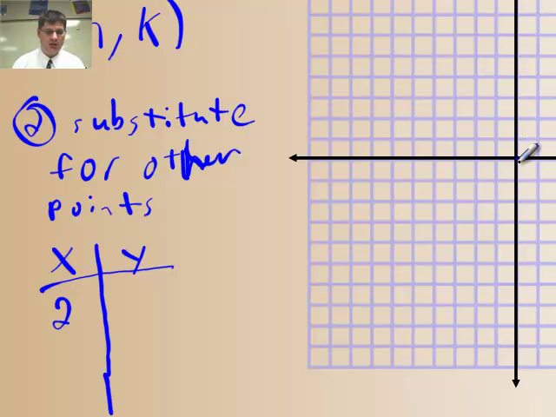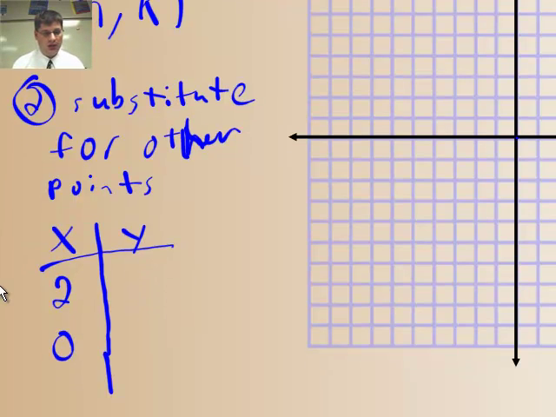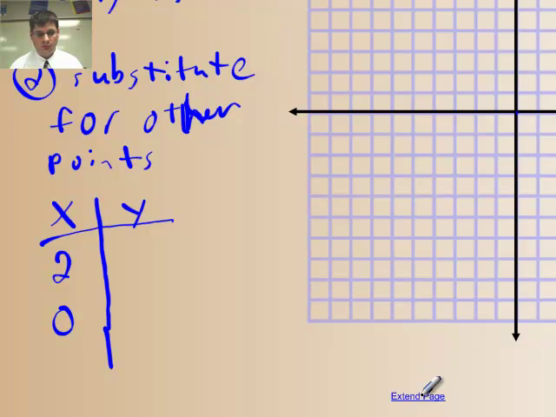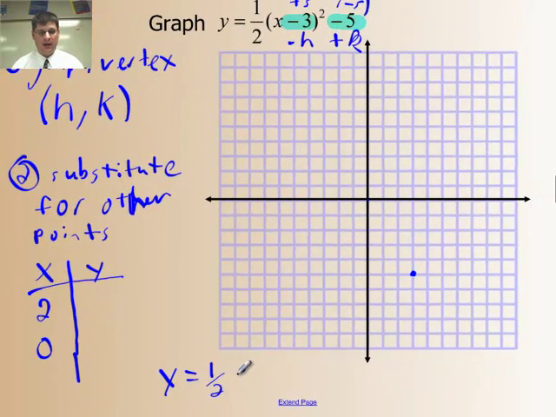I'm just going to skip 1 and try 0. Those are the 2 points I'll try for x. Let's work those out. y equals 1/2, and then x we said is 2, so (2 minus 3) squared minus 5. Let me get a little bit more space to work with.